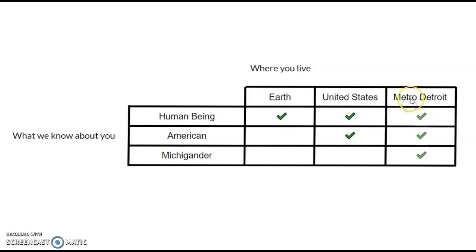But if you tell someone that you're from Michigan, it says Metro Detroit up here, but Michigan, that means that I know you're a human being because I know you live on Earth. I know you're American because I know you live in the United States. And I know that you're a Michigander because you live here in Michigan. You don't lose any properties, you just gain new insights.